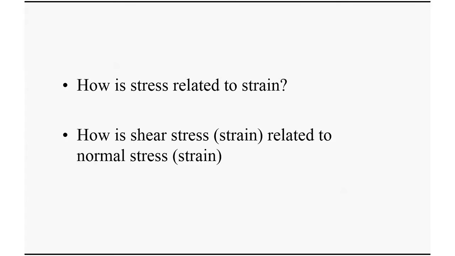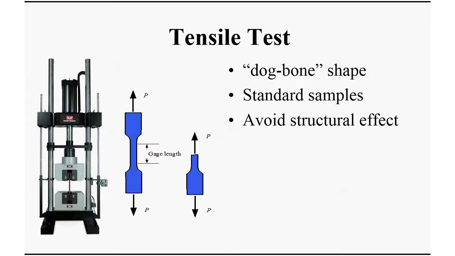All right. So the next question we want to continue to discuss today is, what's the relation between stress and strain? And how is it related? Of course, that includes normal stress and strain and shear stress and strain. This is how you determine it.